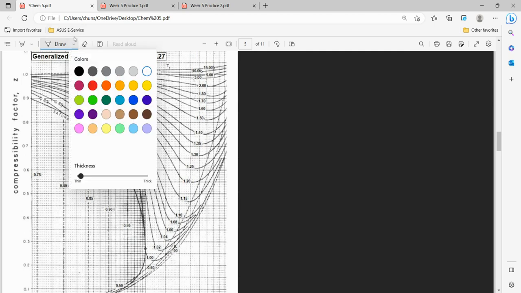So say, for example, you had a... what is this? Okay, so these curves here are reduced temperature, and they're isotherms.